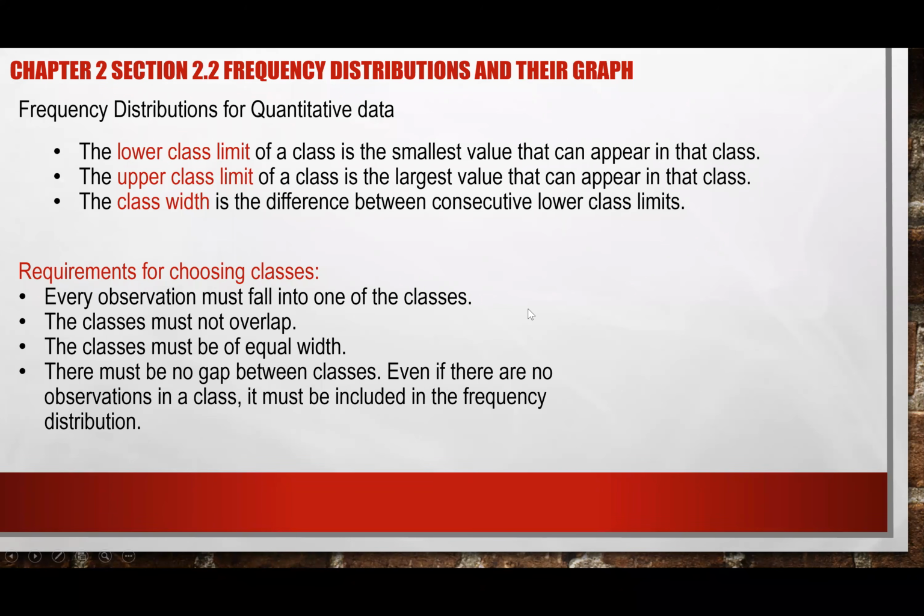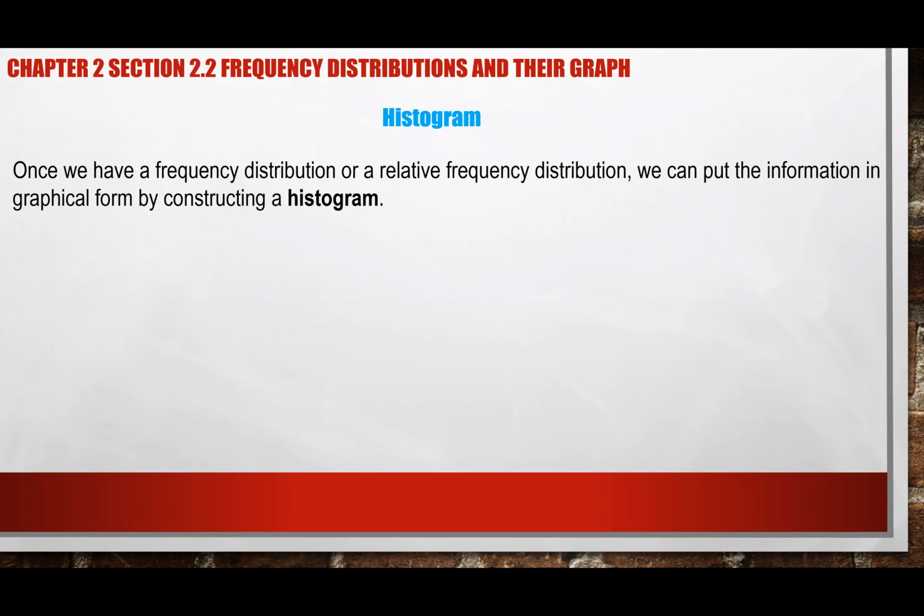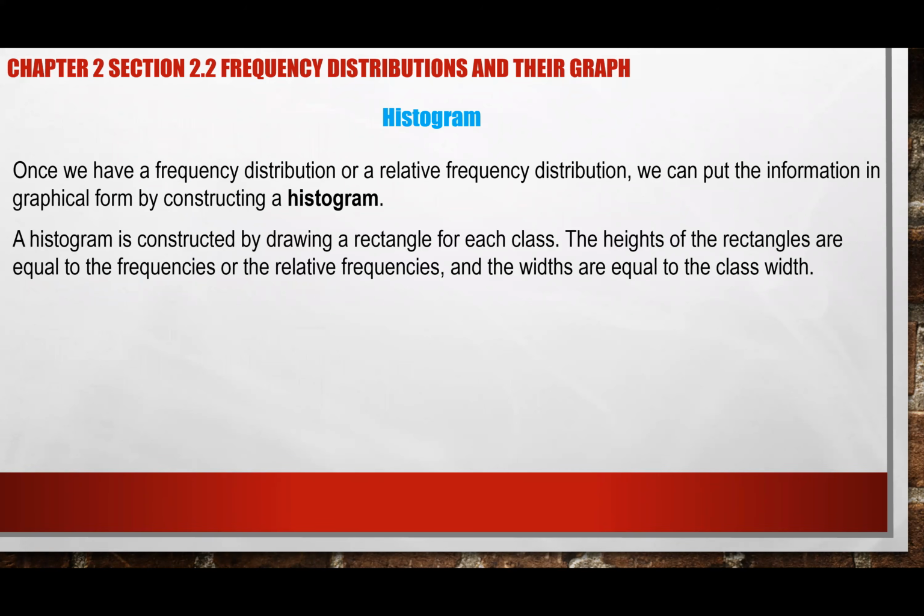So looking at this, let's take a look at your histogram. From your frequency distribution table, we can construct the histogram. And one thing I want to point out is the difference between the histogram and the bar graph.